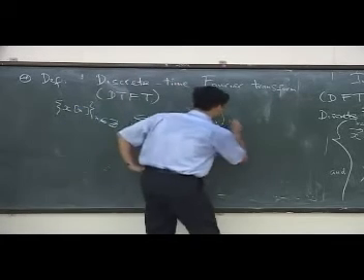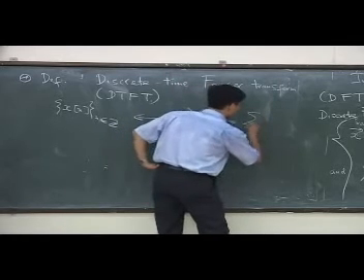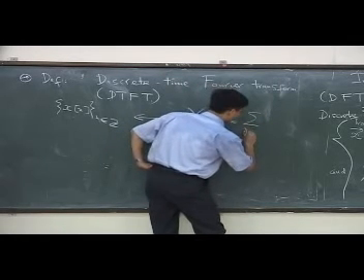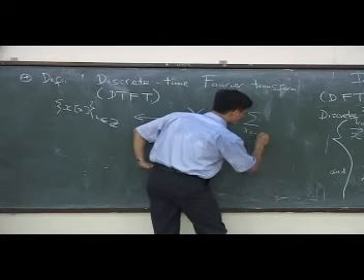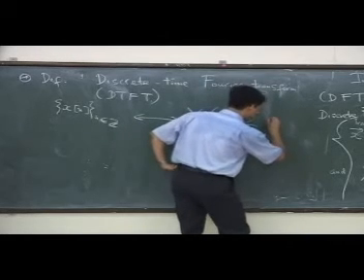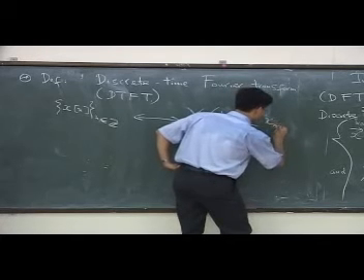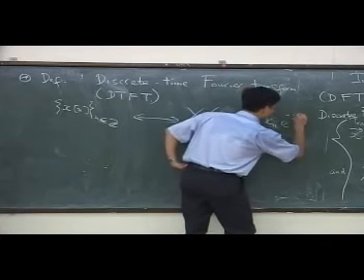And I define my definition as equal to the summation in n from minus infinity to plus infinity of x n e to the minus j omega n.